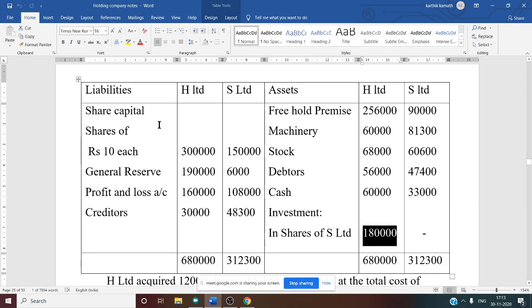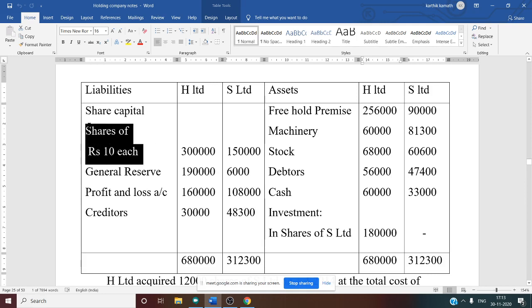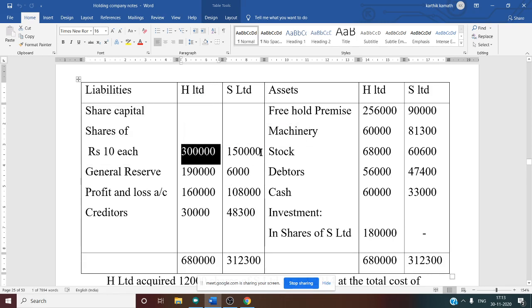Then on the liability side, there is share capital, shares of 10 each. Holding company share capital is 3 lakh and subsidiary company share capital is 1,50,000. General reserve of both companies is given, but we want only the general reserve of the subsidiary company for the working note calculation.